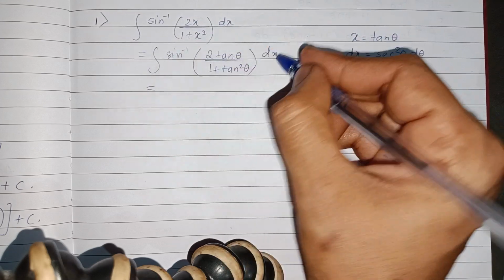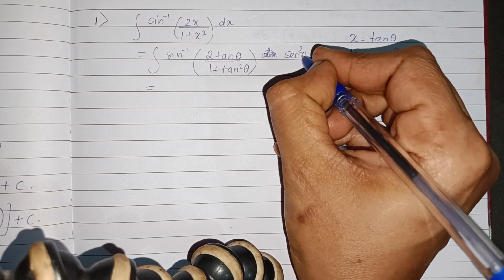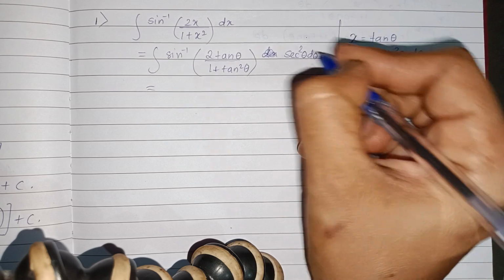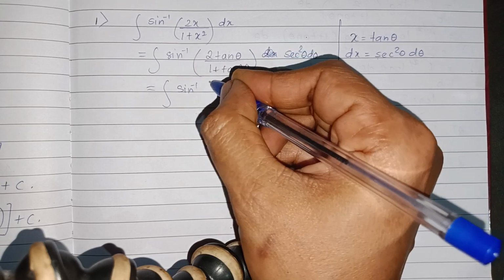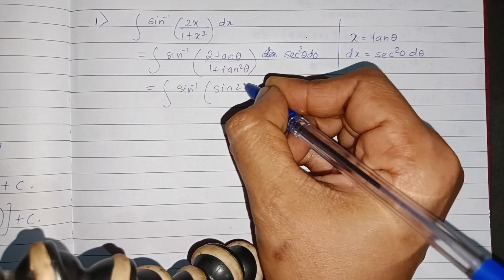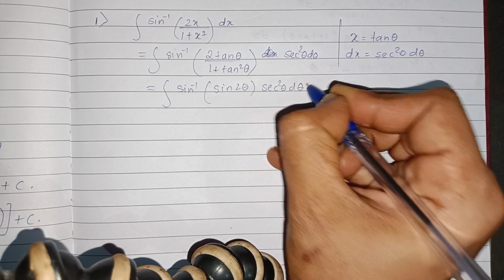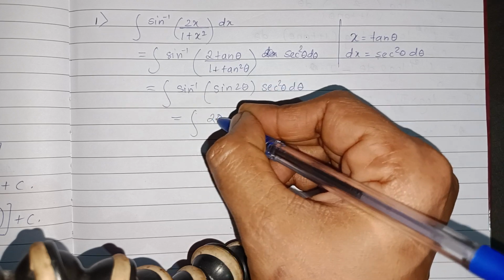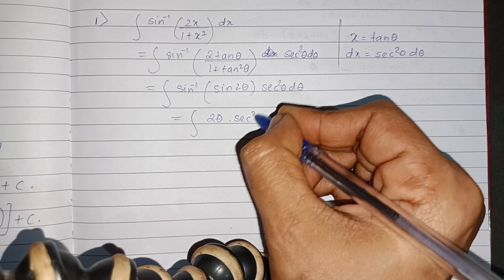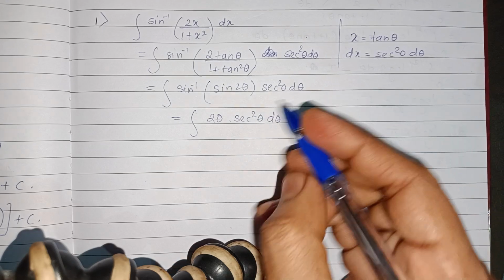So for dx you have to write sec square theta d theta. Okay. Sin 2 theta. So this becomes 2 theta into sec square theta d theta. Okay.